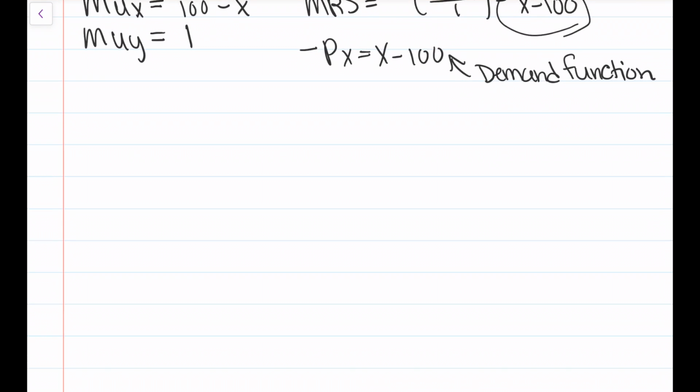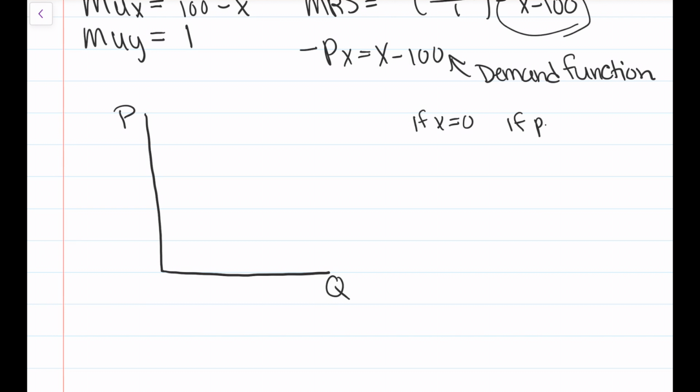So now that we have our demand function, I'm going to find some intercepts so we can plot our graph. Put in our axes, quantity and price. Now we ask, if x equals 0, what would our price be? And if price equals 0, what would our x be?